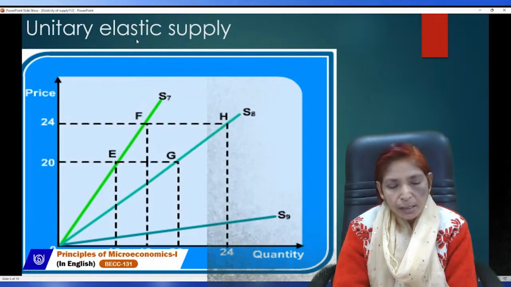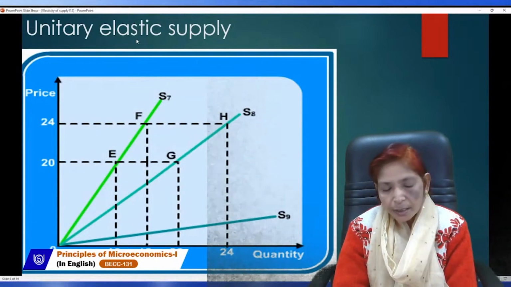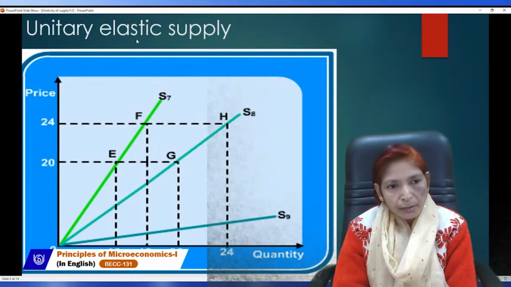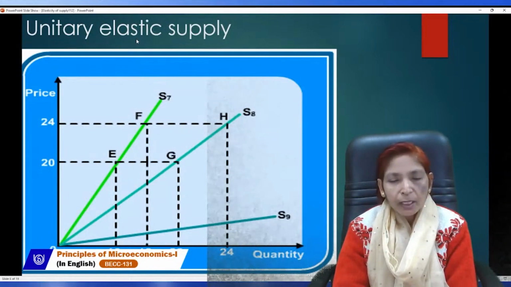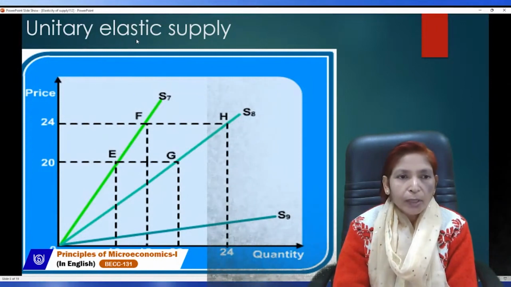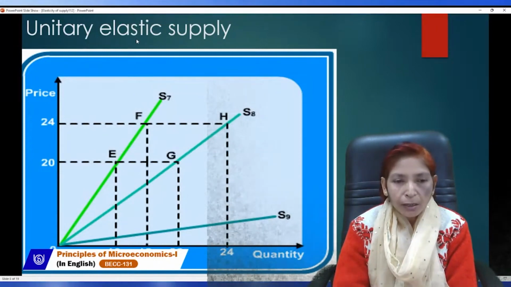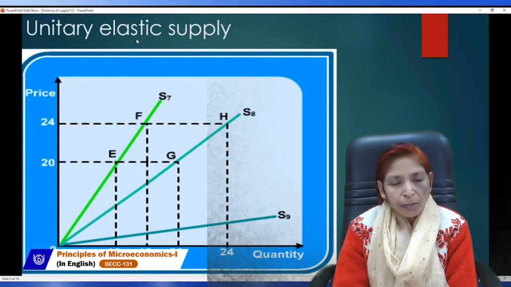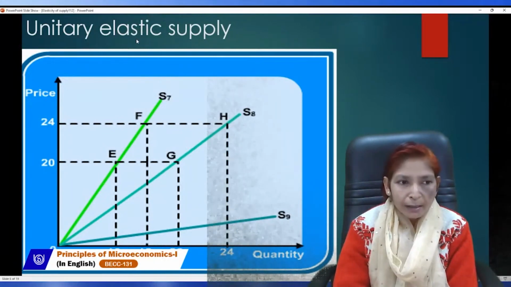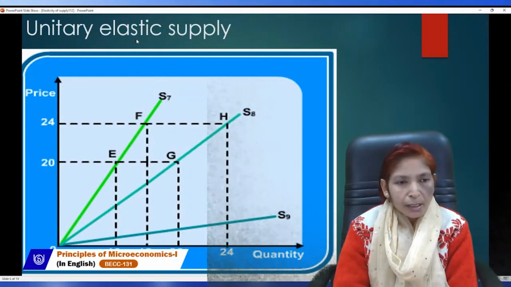It means there is the same percentage change in price and in quantity supplied. In this case, ES will be equal to 1. The curve of unitary elastic supply will always start from the origin and it will be a 45-degree line.